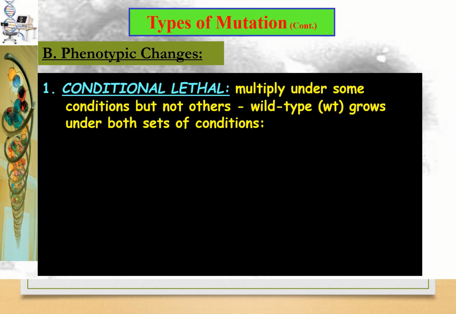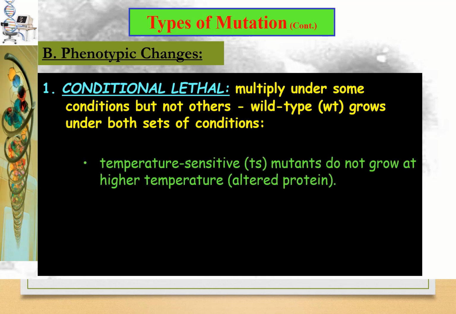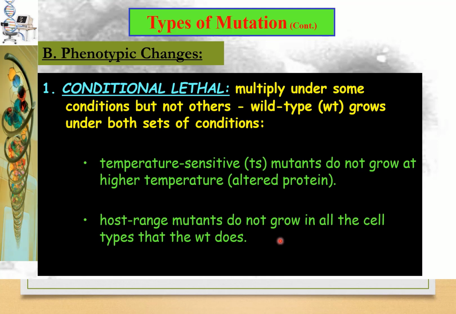Phenotypic changes. Conditional lethal mutants multiply under some conditions but not others. Wild type grows under both sets of conditions. Temperature sensitive mutants don't grow at higher temperature. Host range mutants don't grow in all cell types that the wild type does.